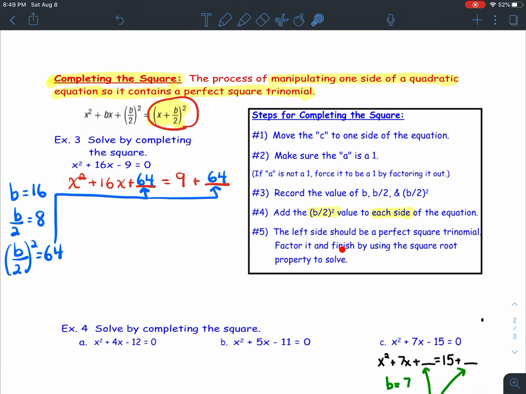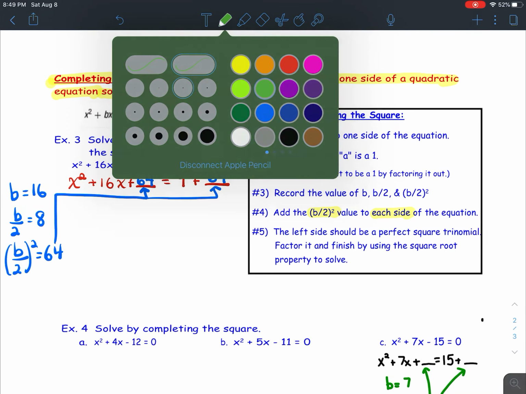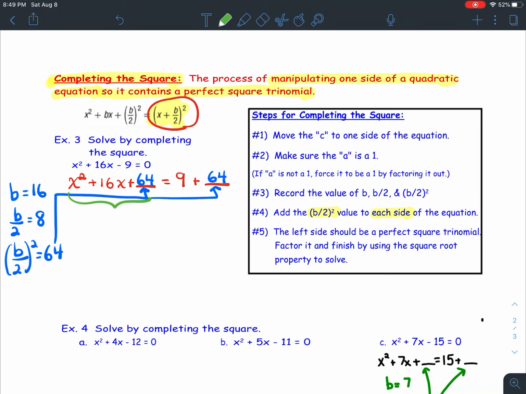Now it says the left side should be a perfect square trinomial. So it's telling you to factor it and then finish by using the square root property. If we were to factor this left side, we could do it old school with 2 sets of parentheses, though we're going to end up using this shortcut formula.